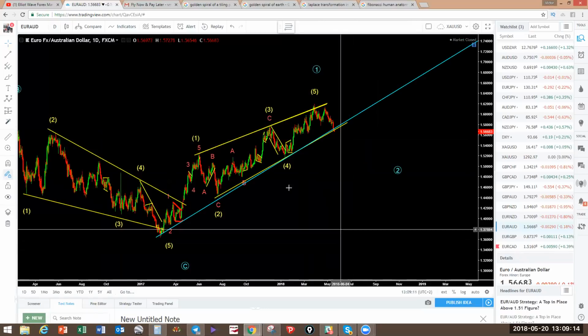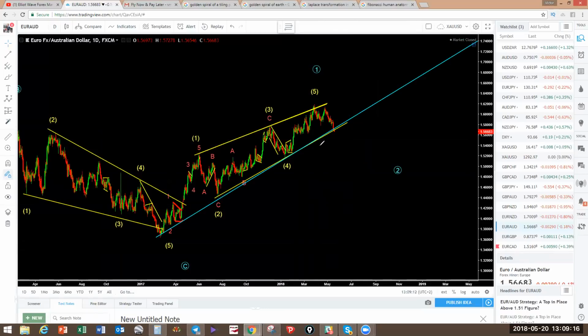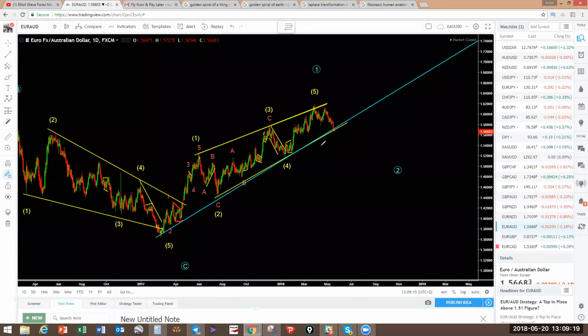It is making a textbook leading diagonal. See, if you check here, you've got a 1, a 2, a 3, a 4, a 5. That presses against this trend line. We expect it of a leading diagonal, and now we're getting a move to the downside.